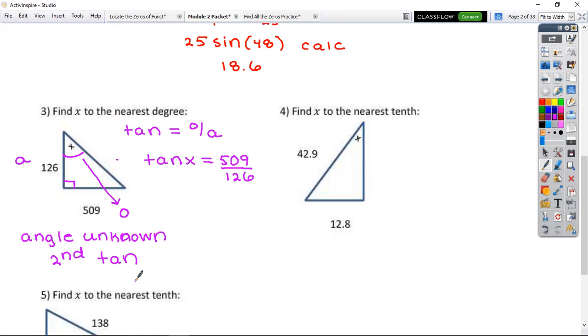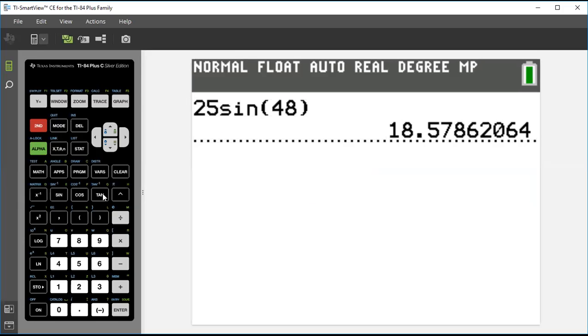All right, so let me show you where to find that just in case, again, you don't remember from years past. So you're going to go second tan of 509 over 126, divided by 126. Close your parenthesis and then enter.